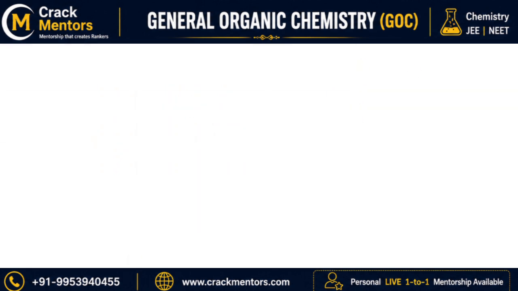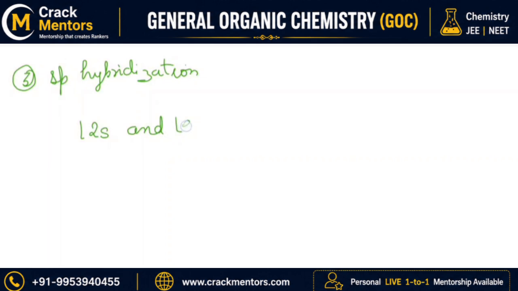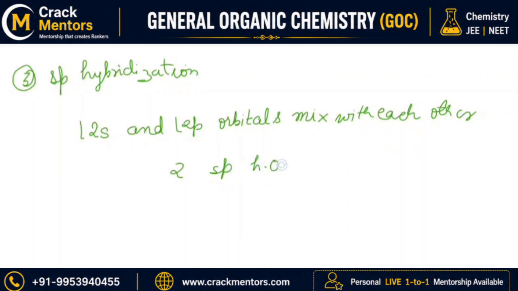Now comes the third type of hybridization, that is sp hybridization. In this, one 2s and one 2p orbital mix with each other, and they form 2 sp hybrid orbitals, right?